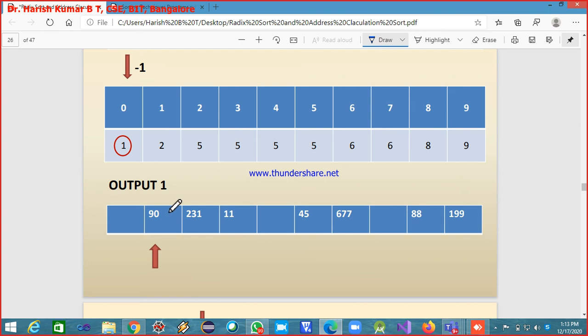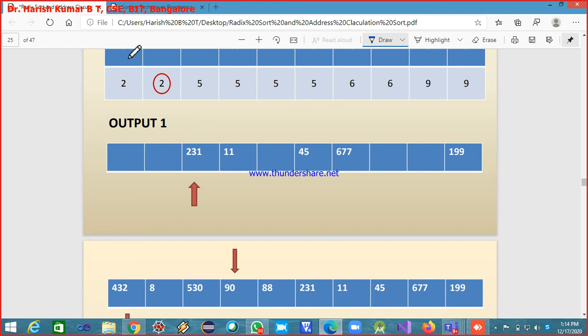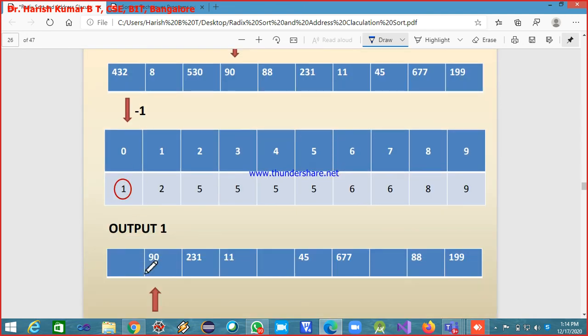Then we have 90 going here. So 90, the digit is 0. For 0, the previous count was 2. Now it is decreased by 1, and it is 1. So 90 has taken position 1. Next is 530.